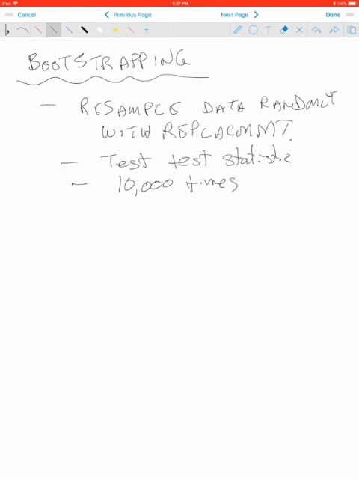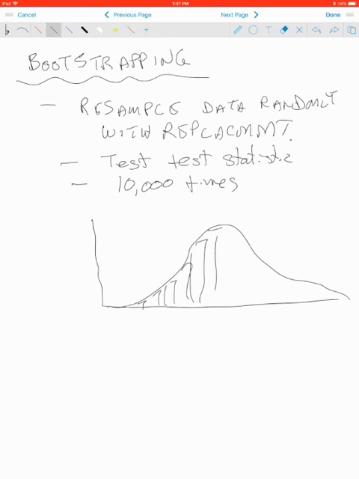I do that again and again and again. I can then plot the distribution of this t-statistic I've calculated. So this would be a histogram. I've drawn a smooth curve, but it would be a histogram generated from my computing random resamplings of my data.